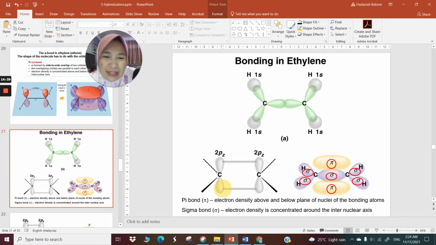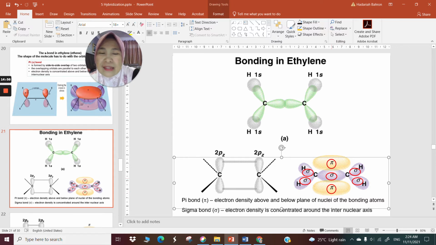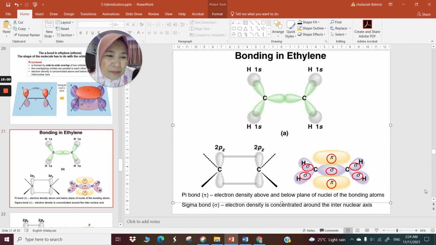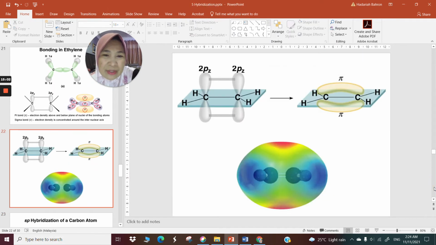When these parallel p orbitals overlap, they're going to make a pi bond, and the yellow cloud that you see here is representing one pi bond, the top and the bottom representing one pi bond. So you have a double bond between these two carbons.